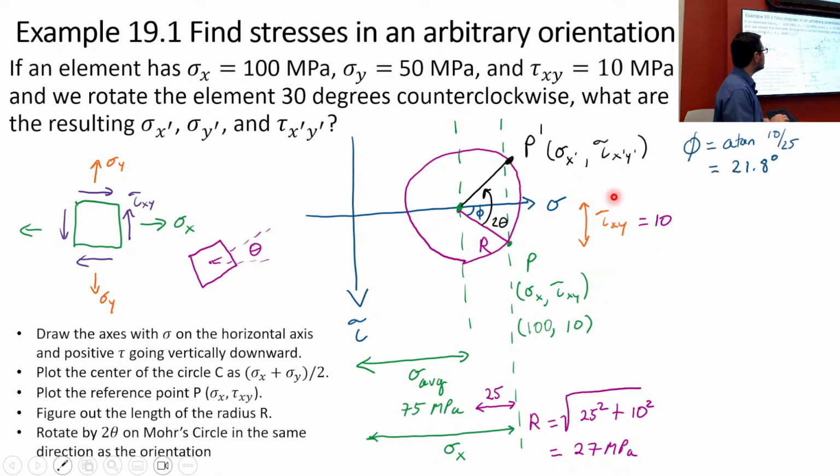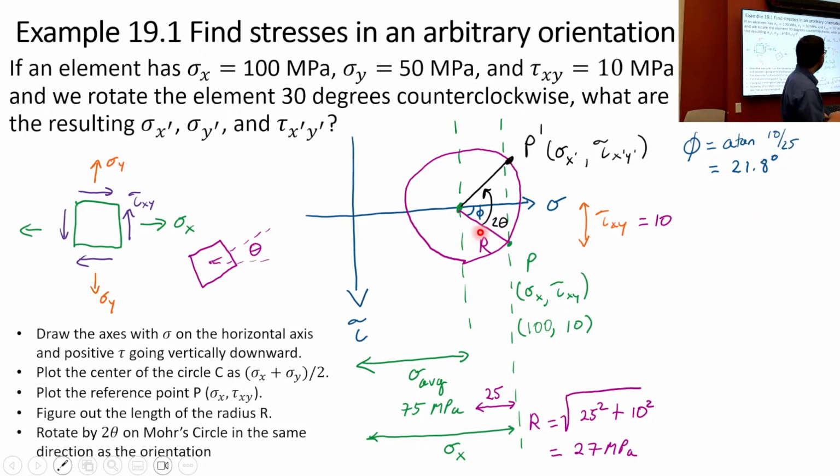So first, what amount of rotation does it take to get to this horizontal? Well, how do you figure that out? You can use trigonometry here. You know that this length is 25, and this length is 10. So the phi, we're calling it, to get to horizontal, is going to be the arctangent of 10 over 25.